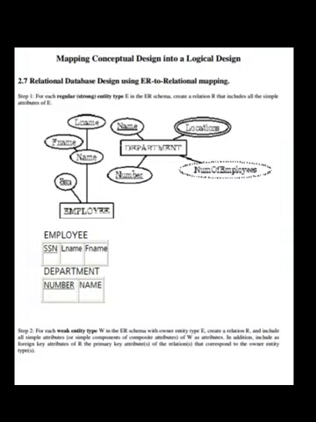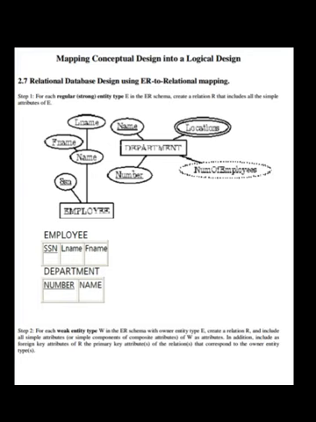Now let us see mapping conceptual design into a logical design, relational database design using ER to relational mapping. Step 1, for each regular strong entity type E in the ER schema, create a relation R that includes all the simple attributes of E. See the figure here.